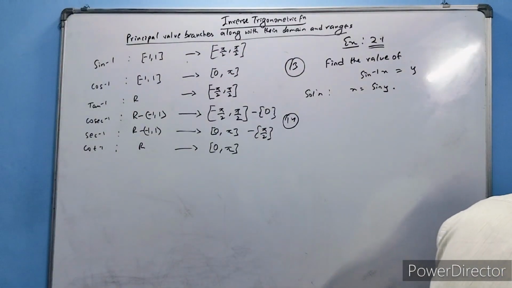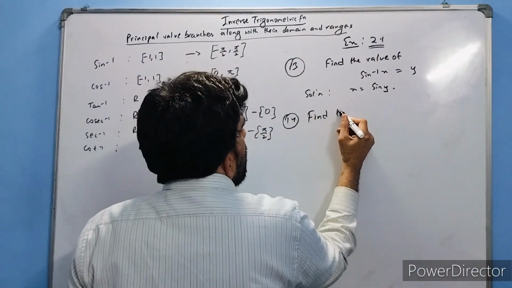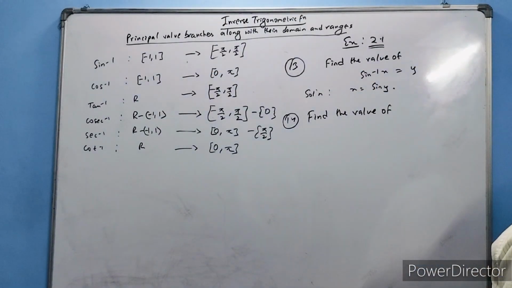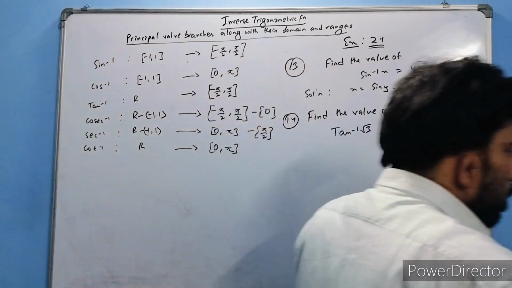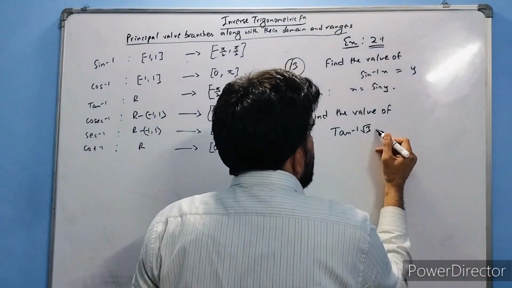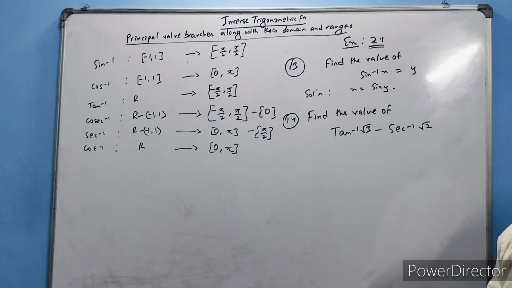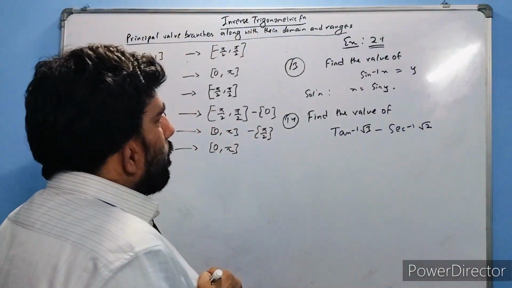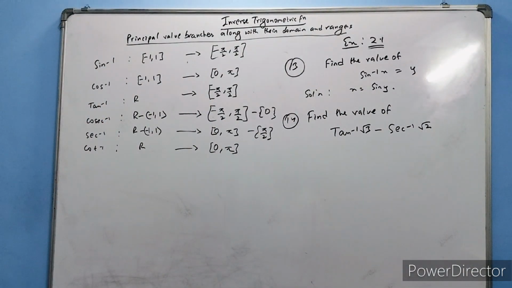What they have given in the question is: find the value of tan inverse root 3 minus sec inverse root 2.